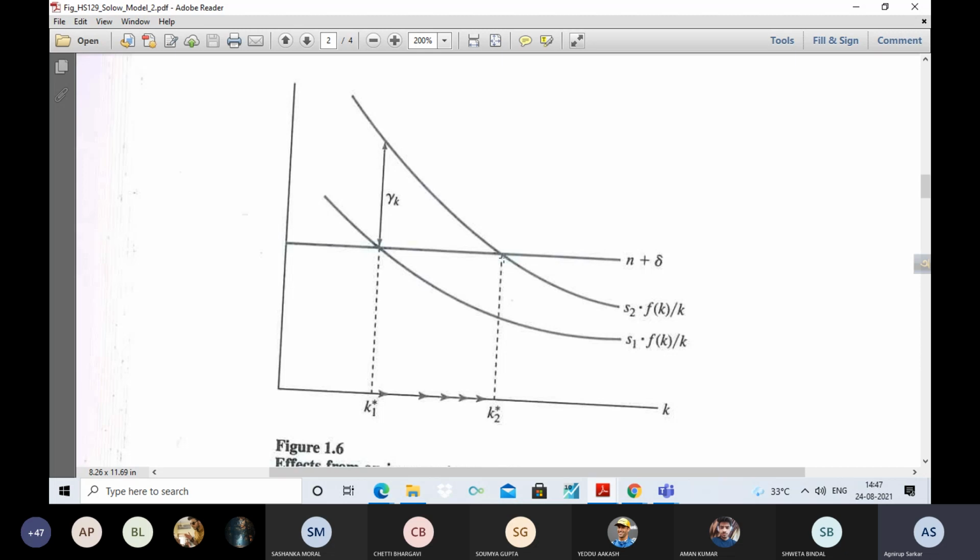Therefore, we can now answer the question that motivated the beginning of this chapter: can income per capita grow forever by simply saving and investing in physical capital? If the production function is neoclassical, the answer is no, it cannot, right?